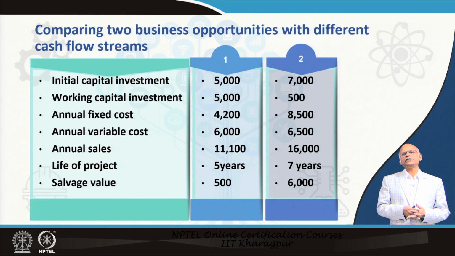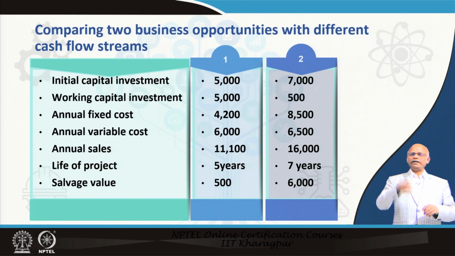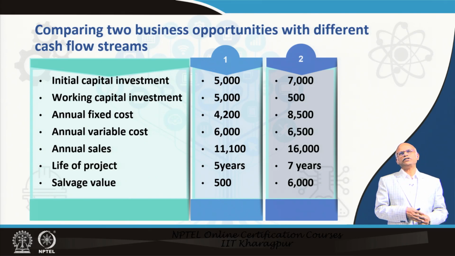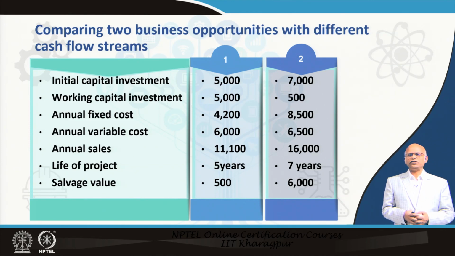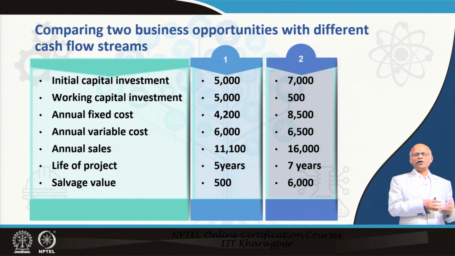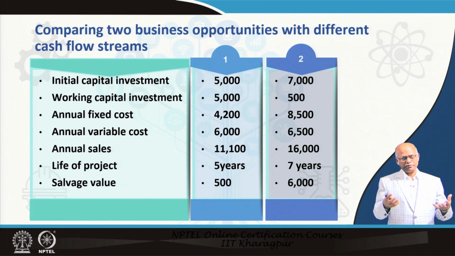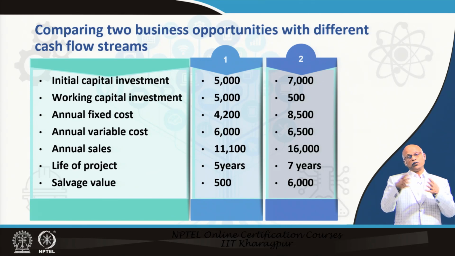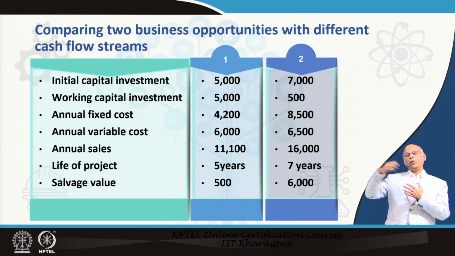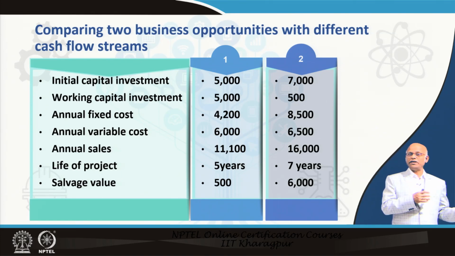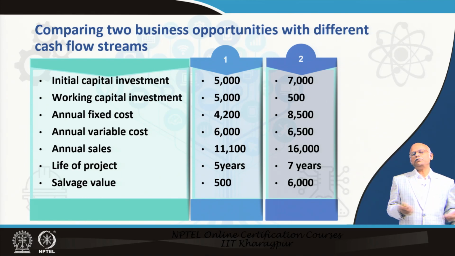And you can also do a break even point analysis, like break even point for business proposition 1, break even point for business proposition 2, and then see which one is breaking even early or where you have a higher margin of safety. You also estimate the cost indifference point, and you see where the cost indifference point is happening. Are you going to operate beyond that point or below that point? Depending on that, you have to make a decision which one is better.